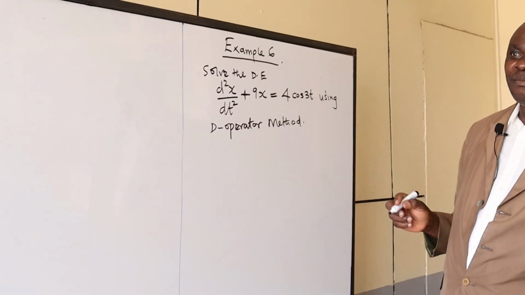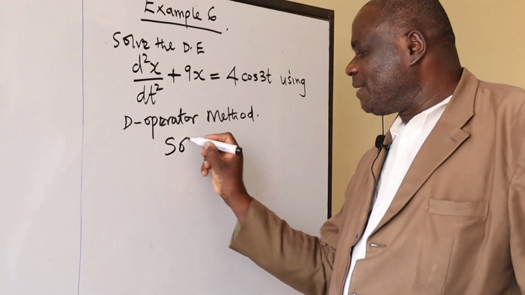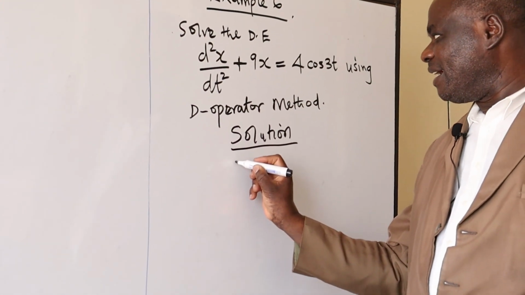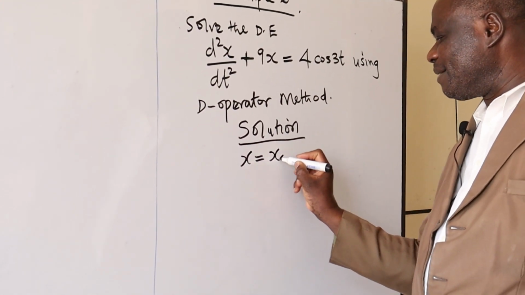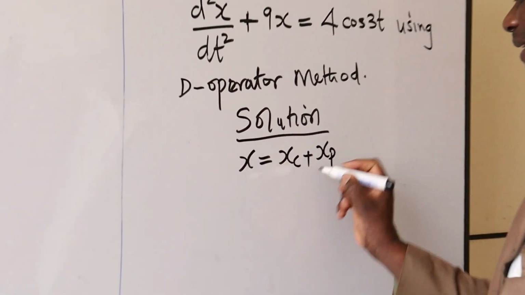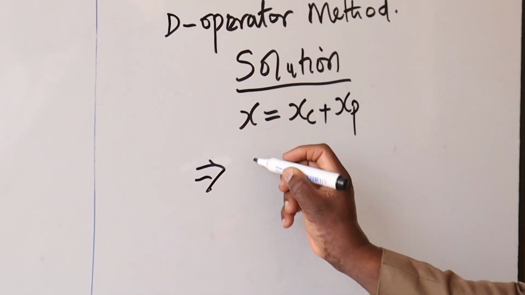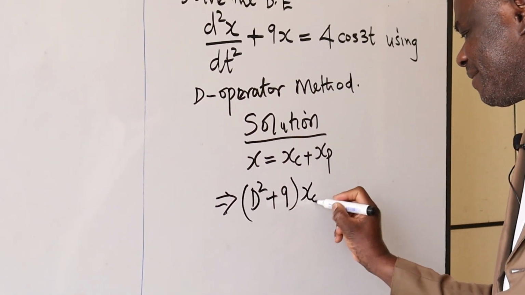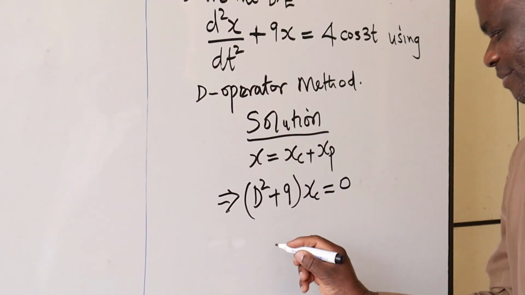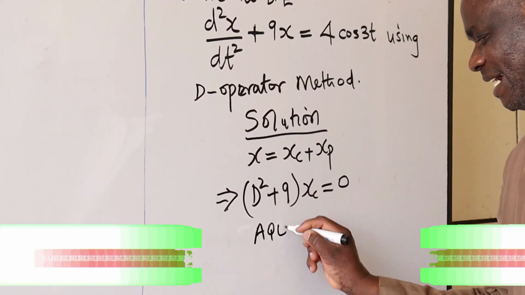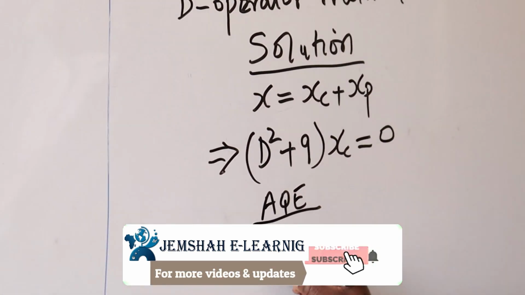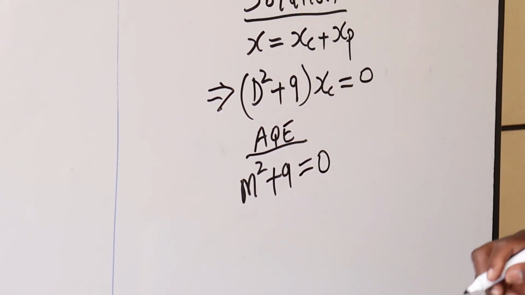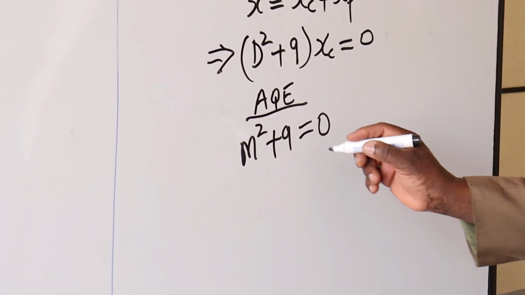So in our solution, we say x will be equal to xc plus xp. This implies D squared plus 9 into xc gives us 0. The auxiliary quadratic equation now will be m squared plus 9 is equal to 0.